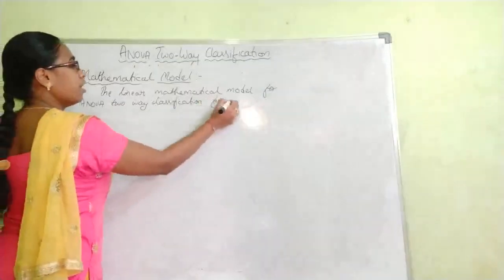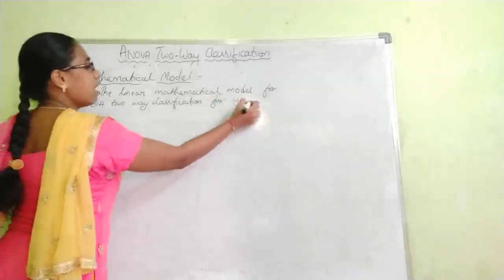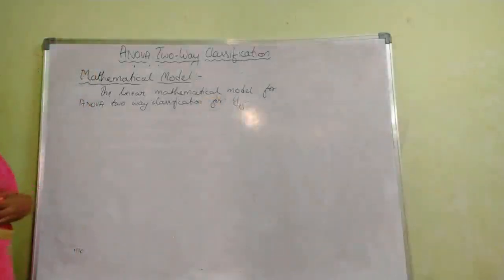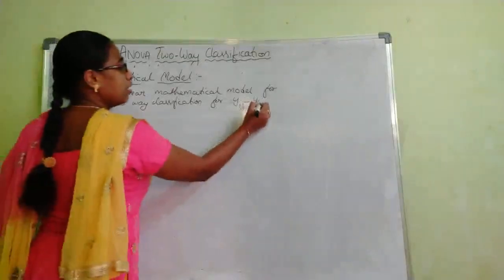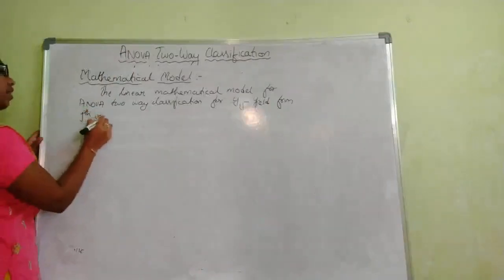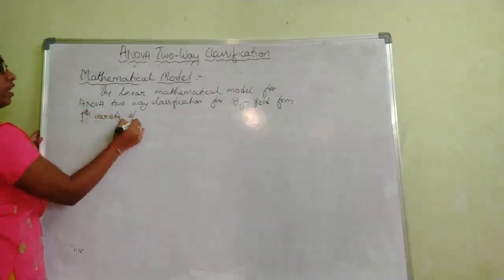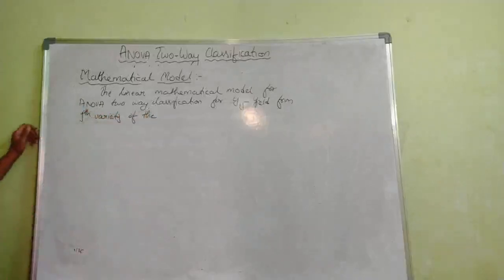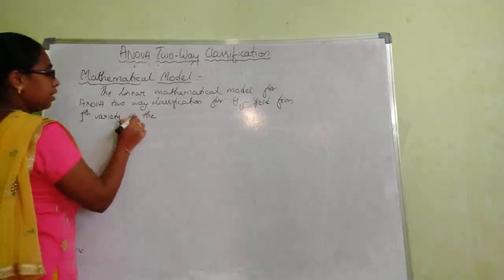Yij means the observed value, the yield of the jth variety of the ith treatment.